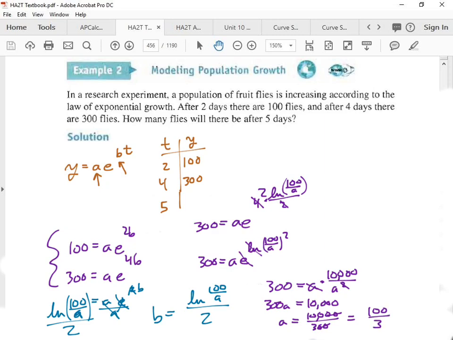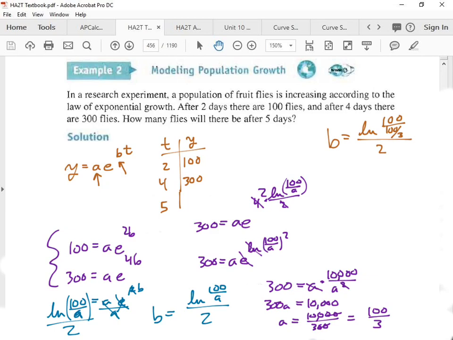Oh, hideous. Okay, so if that's what A is, how are we going to find out what B is? Just plug it in. So B equals natural log of 100 divided by 100 over 3, all divided by 2. Oh, man, how's that going to happen?